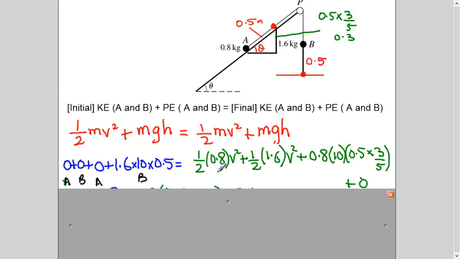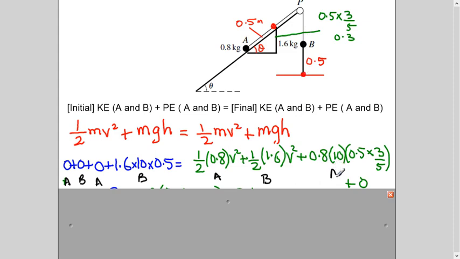Similarly, after the motion of 0.5 meter distance is covered, now this is my kinetic energy. I don't know what the velocity will be when it goes from here to here. That velocity I have to calculate, right? So I'm writing half m v square. This is for B, half m v square, because I don't know what the velocity will be when it comes from here to here.